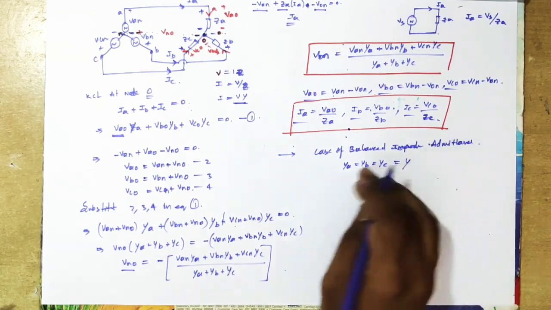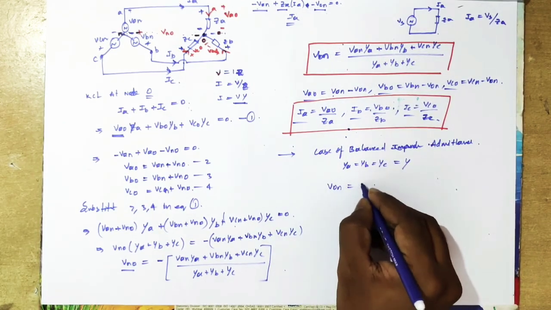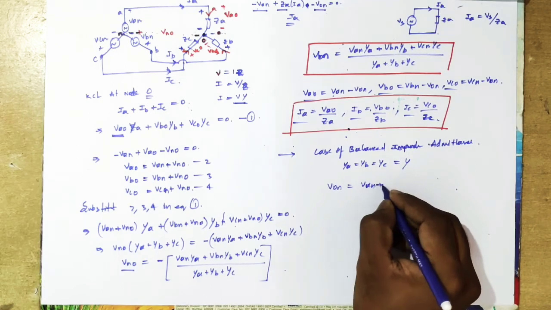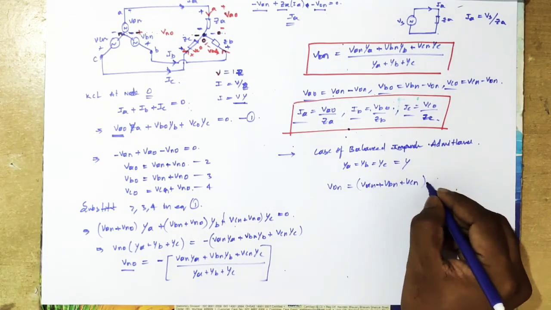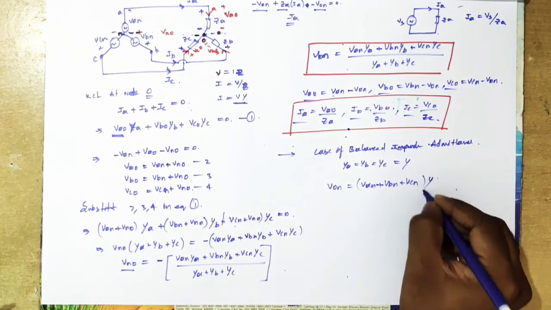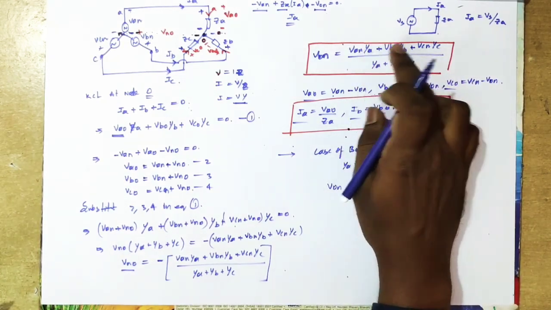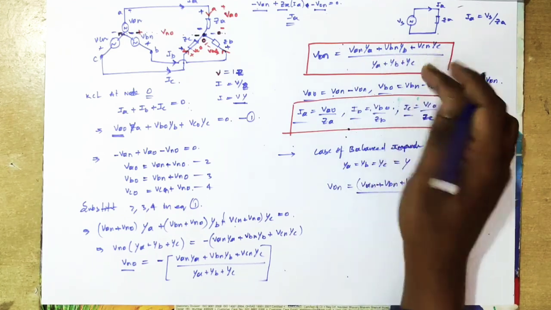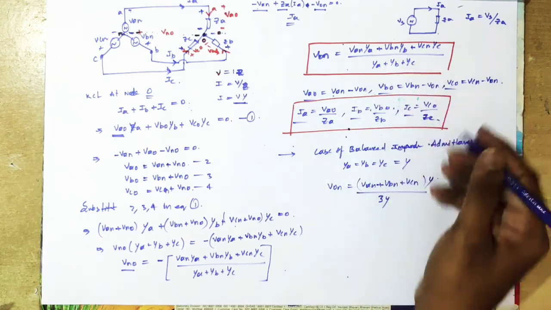Substitute these values here. Therefore we get V_ON equal to Y times (V_AN + V_BN + V_CN) divided by 3Y. Y is common, so this Y will cancel.